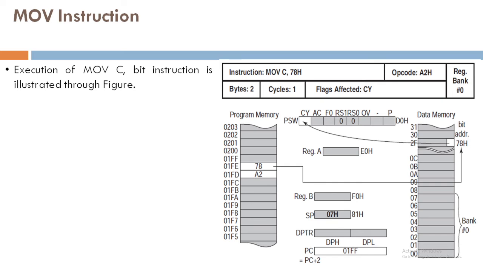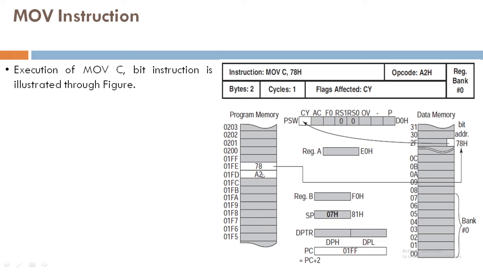In this case, MOV C, 78. So in this case, what is happening is execution of MOV C, bit instruction illustrated through this figure. We can see that there may be some information available across this, that is the bit address, which is given as 78 hex, and A2 is the operational code of MOV C, followed by the address, that is 78.